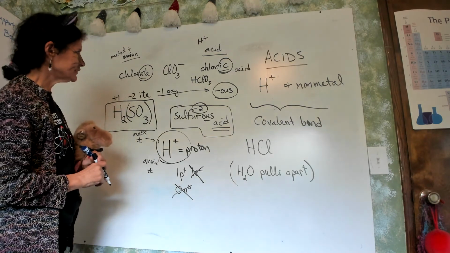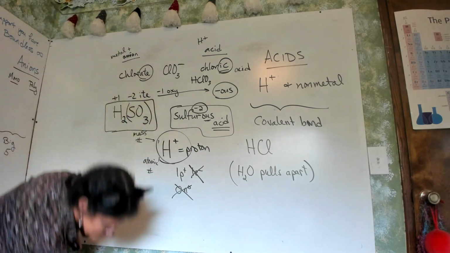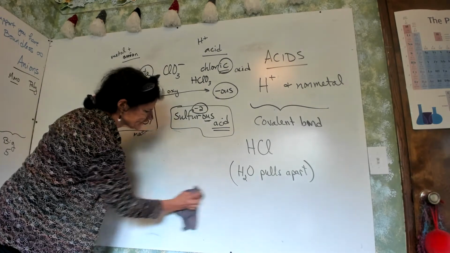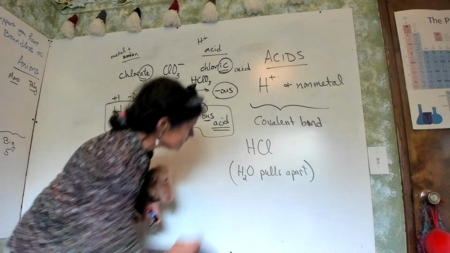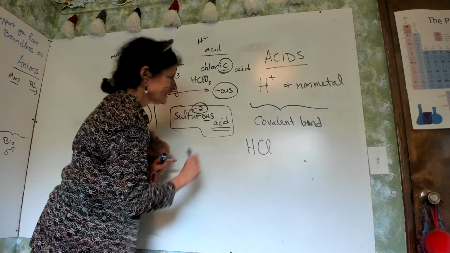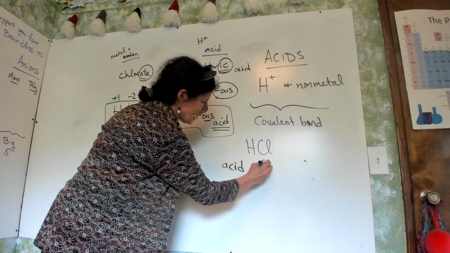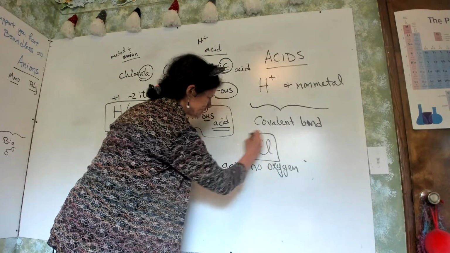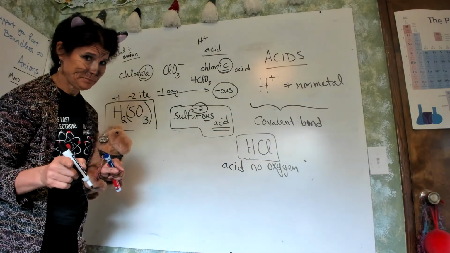There's something I had to do. Oh, HCl. There's a lot more I can add, but we're going to have to see the questions that come up in the lab. So HCl, if the acid has no oxygen, there are 2 ways they can be named.